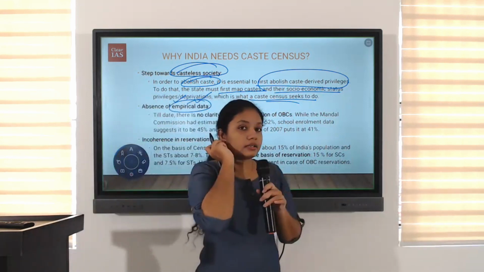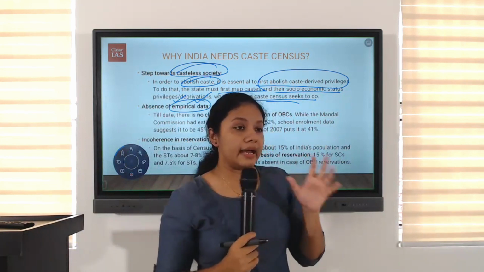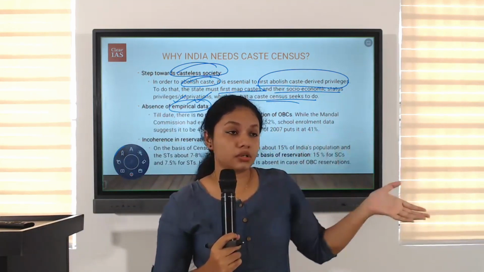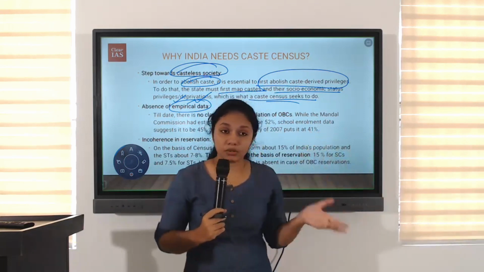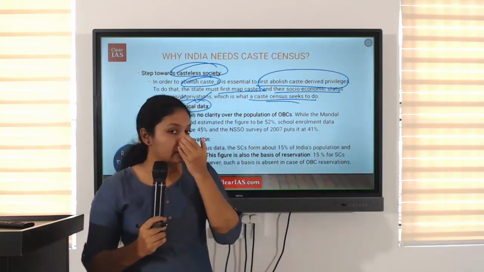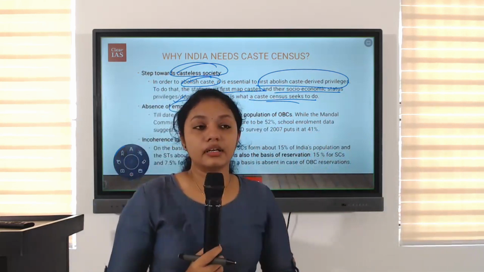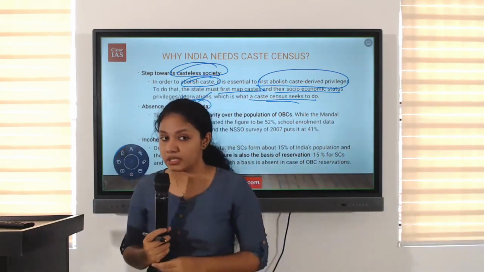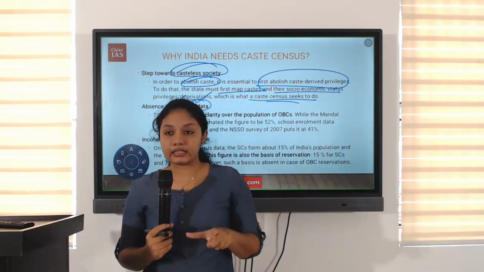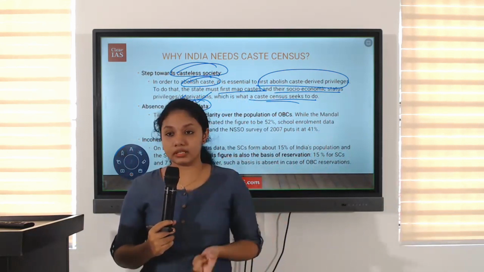Next one is absence of empirical data. We have correct knowledge about the data of the scheduled castes and scheduled tribes because it was published nationally. OBC data publication is left to the states, so we don't have correct data regarding the OBC.